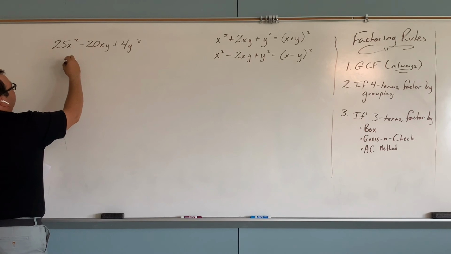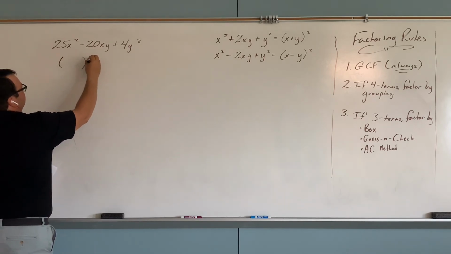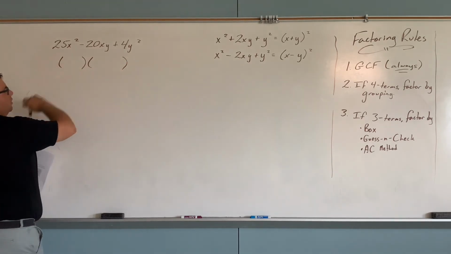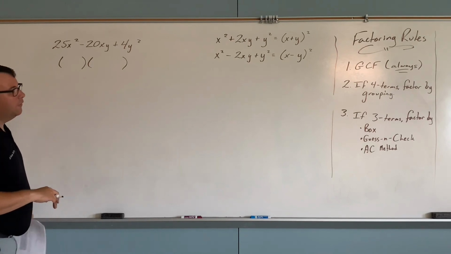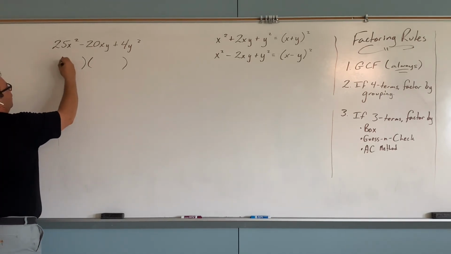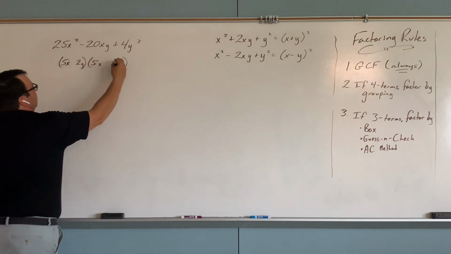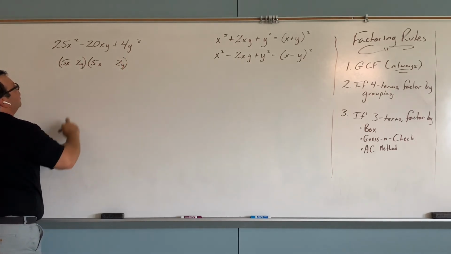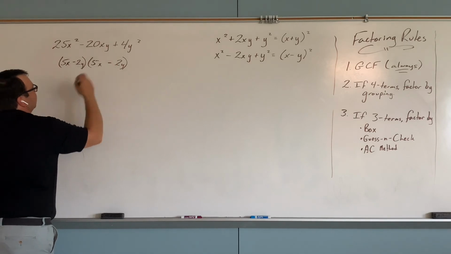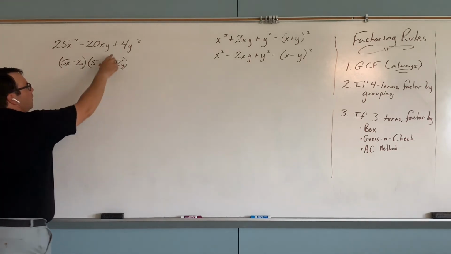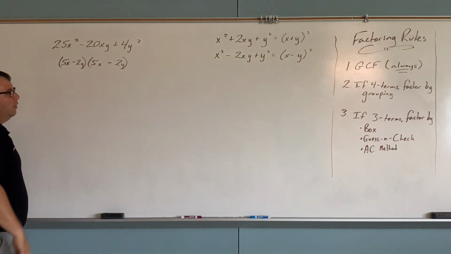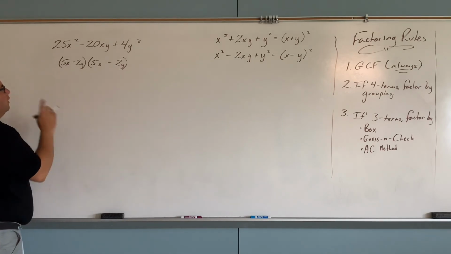So I should come up to, I'm just going into guess and check for this. I should come up to 5x, 5x, 2y, 2y, and I'm going to say subtraction for both. Why? Signs are the same, meaning they're both going to be negative here. Does that work out?